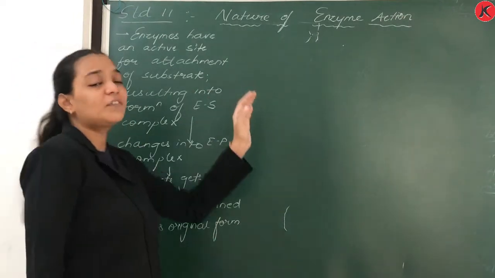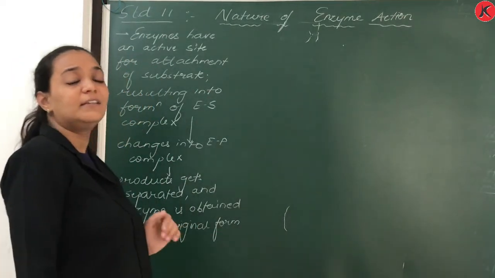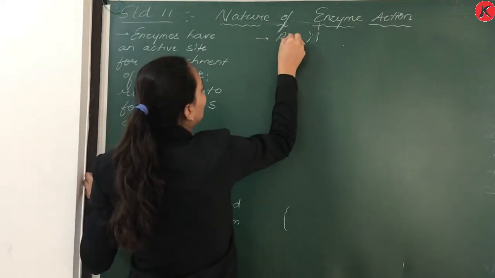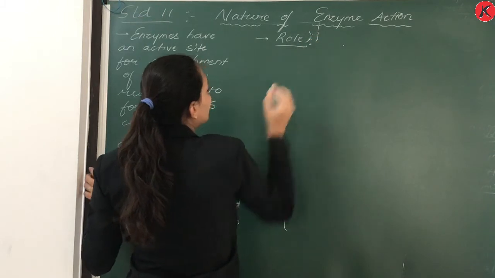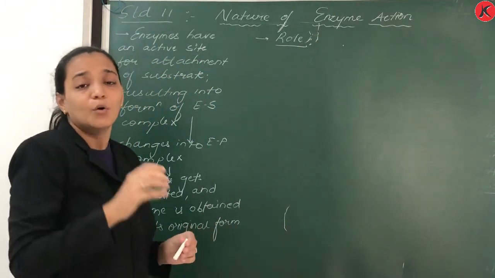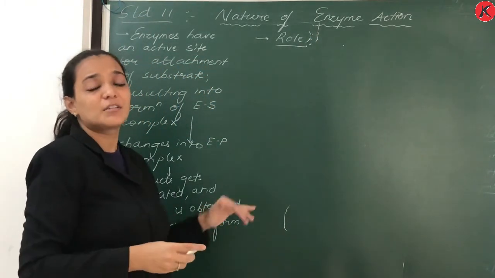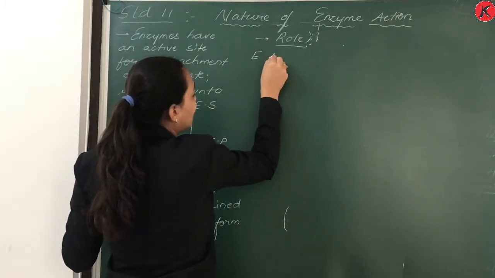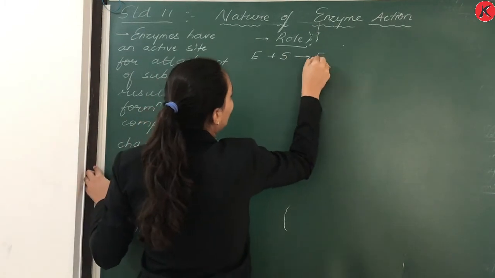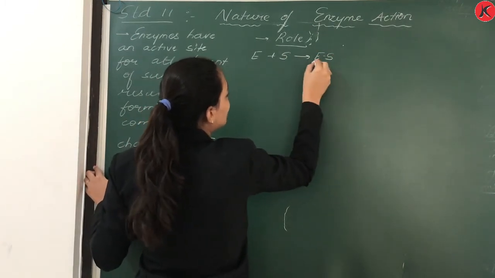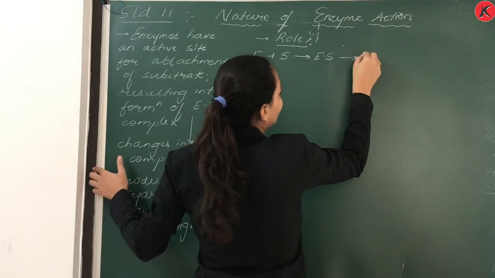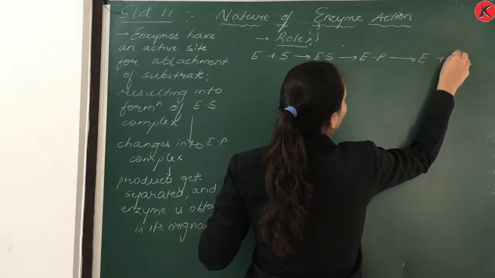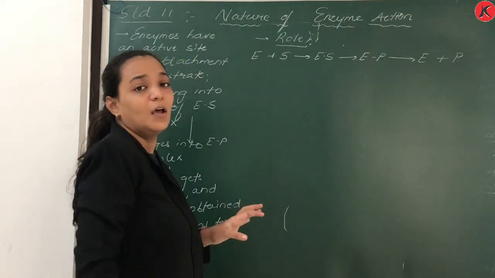So this type of nature is the enzyme action. Now if we study the catalytic role of each step, in detail, what will be the steps in which this reaction is going to occur? First of all, enzyme combines with the substrate to form the enzyme substrate complex, which further forms the enzyme product complex, and this gets converted into enzyme plus product.